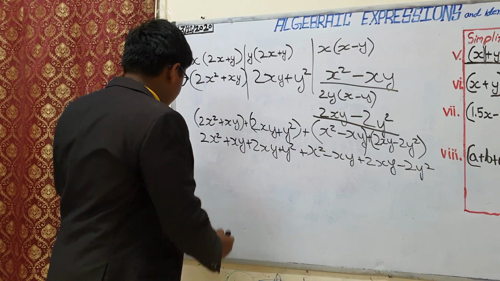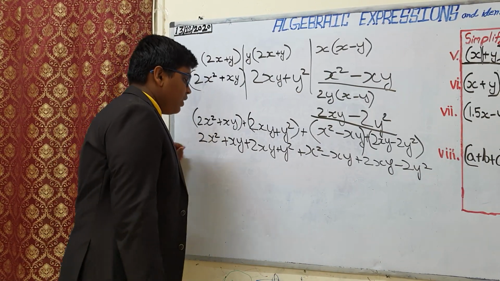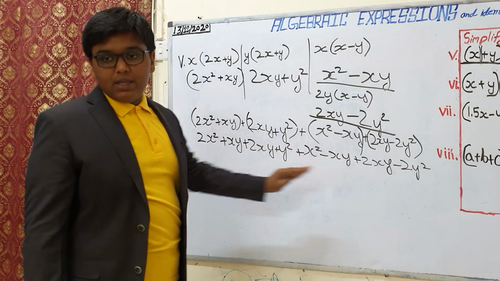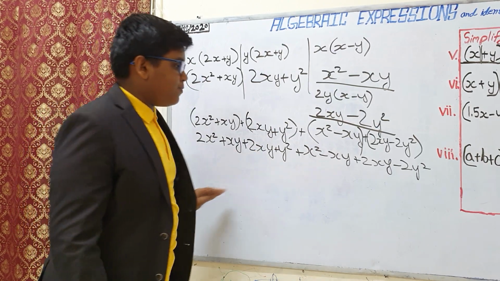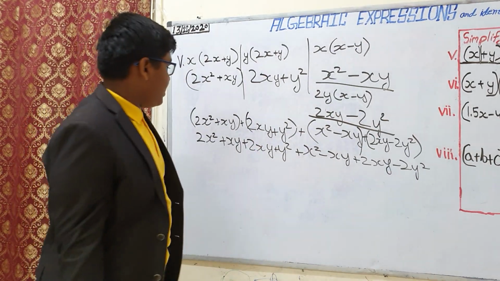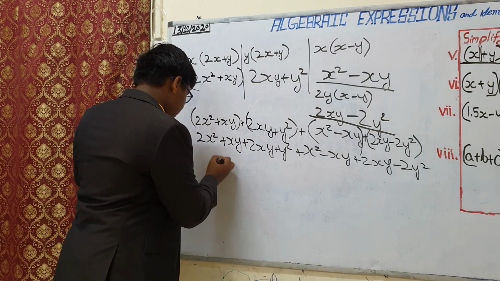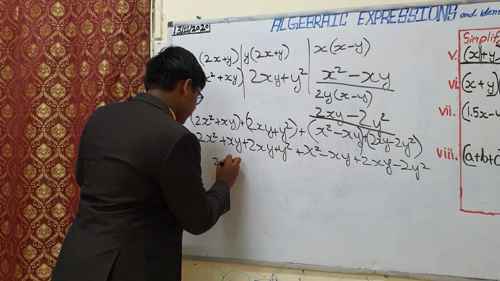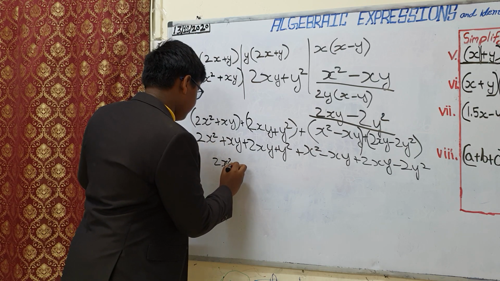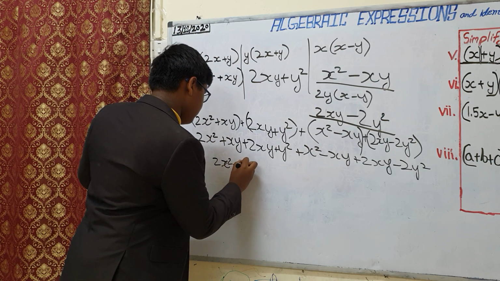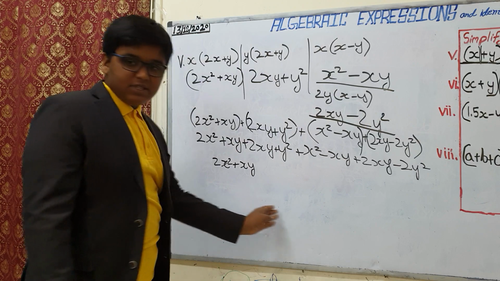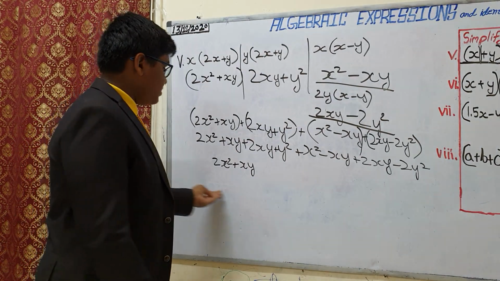So the first term is 2x squared. Now in this whole expression, we have to find the x squared as it is. Now here this is the first term, so we will write this as it is, 2x squared plus xy. So this is the first bracket, the first expression.